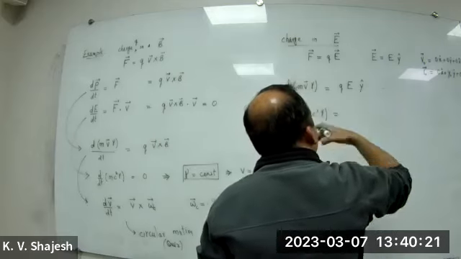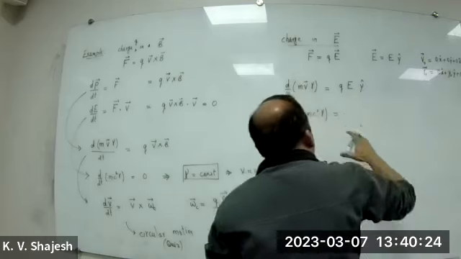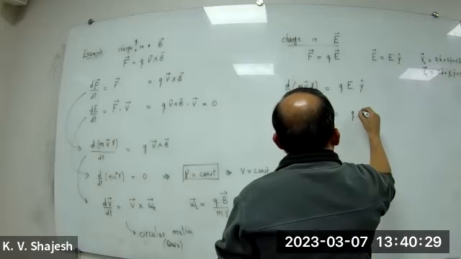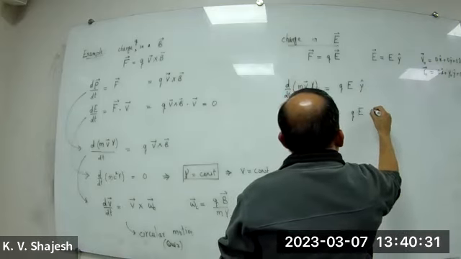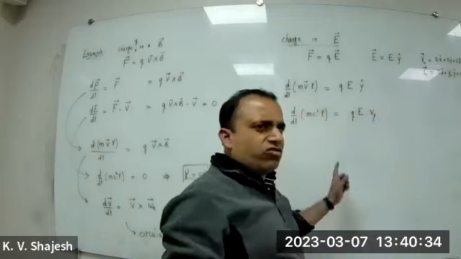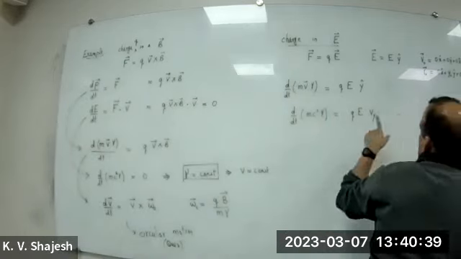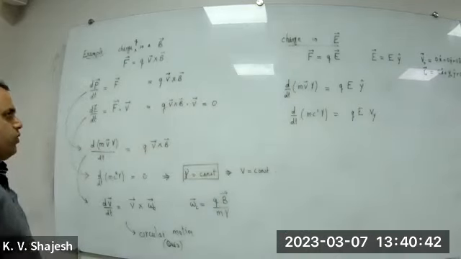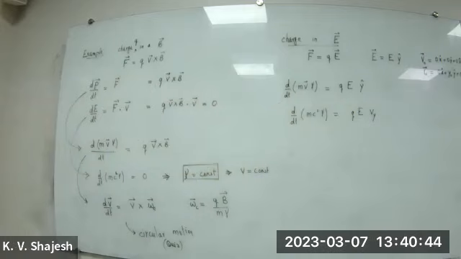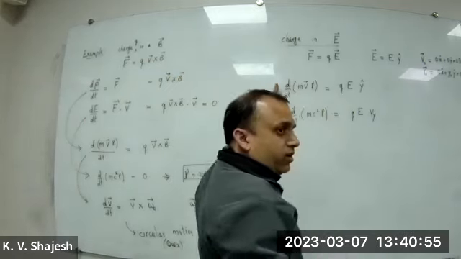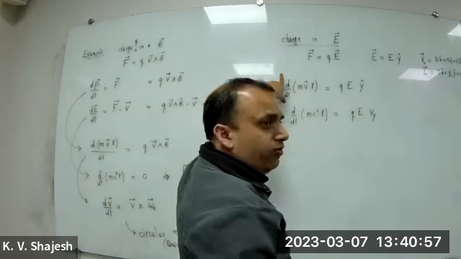So what is that equal to? In general, V is not like this, it can have any direction. So it is Q E V Y, like the force times the velocity, but this is only the initial velocity. So this is the spatial force equation.